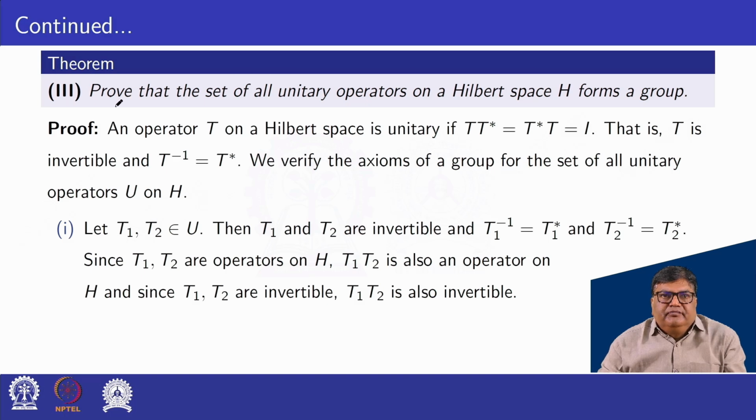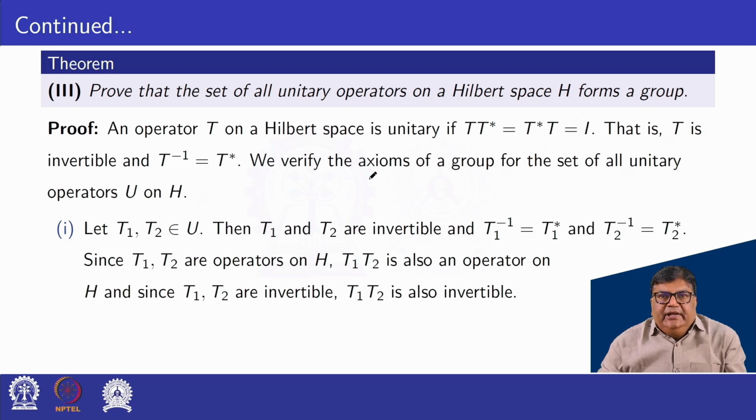Next theorem. Prove that the set of all unitary operators on a Hilbert space H forms a group. An operator T on a Hilbert space is unitary if T T star is equal to T star T equal to I. That is, T is invertible and T inverse equals T star.